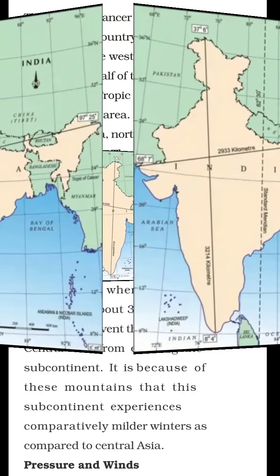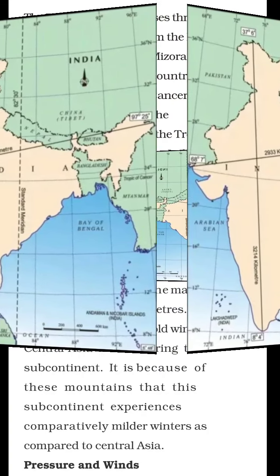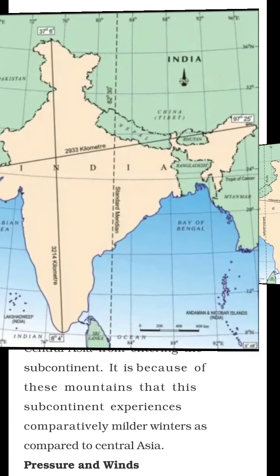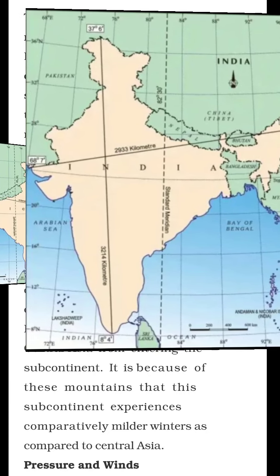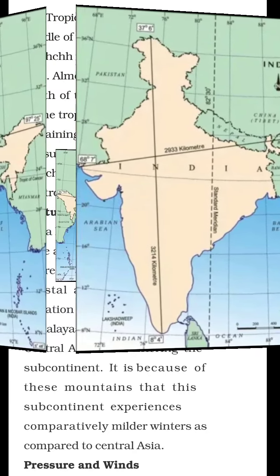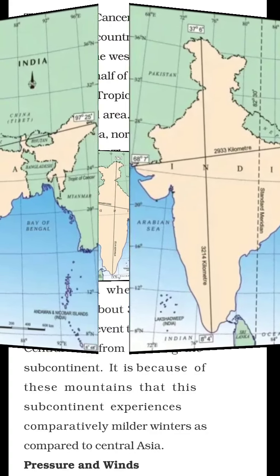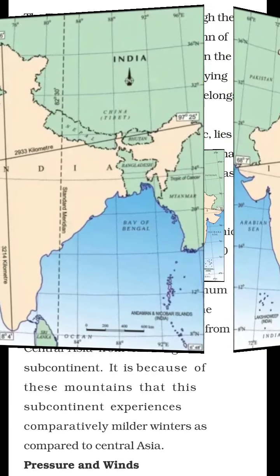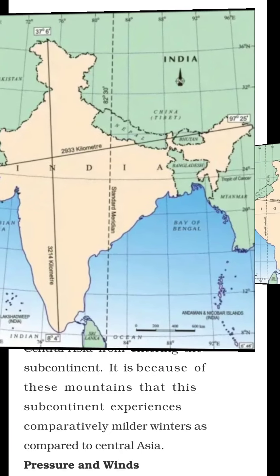The Tropic of Cancer passes through the middle of India, from the Rann of Kutch to the west of Mizoram in the east, so India is bisected almost in half.